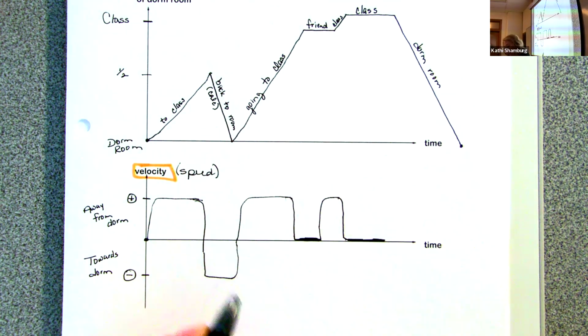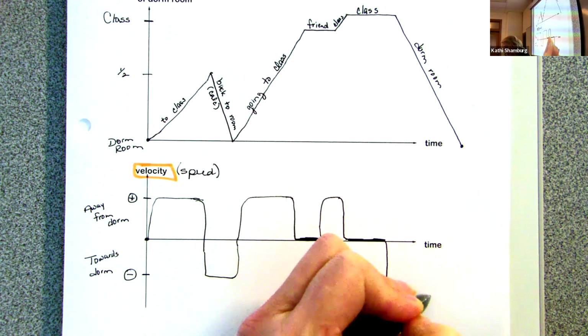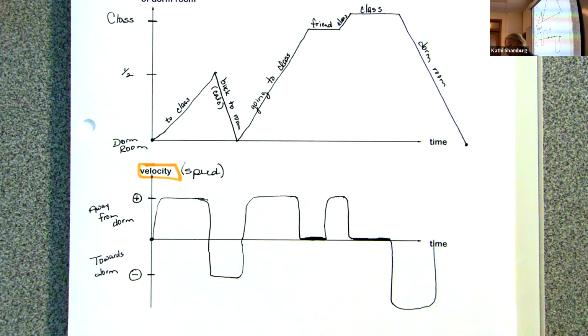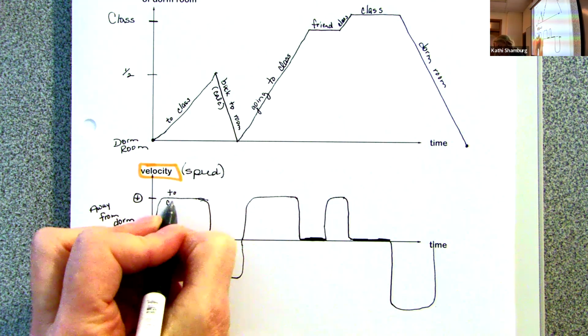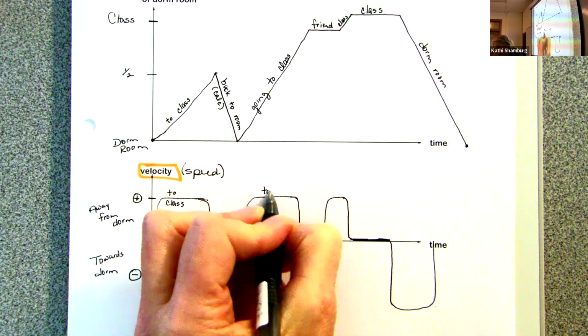And then what happens? This is going back to the dorm. Whoops, I didn't need to go that low. Sorry. Okay, so this is going to class. He went back to the dorm for his calculator. He's going back to class.